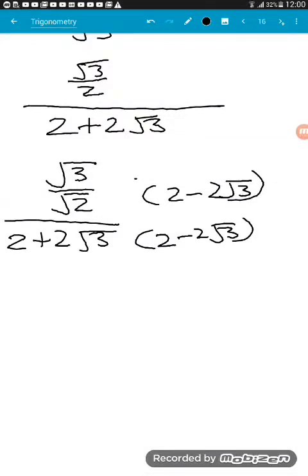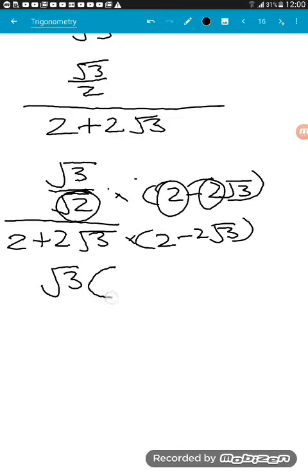Now on rationalizing you multiply this and this. In the numerator, root 2 and 2 common is there, so it will become root 3, root 2 and 1 minus root 3.